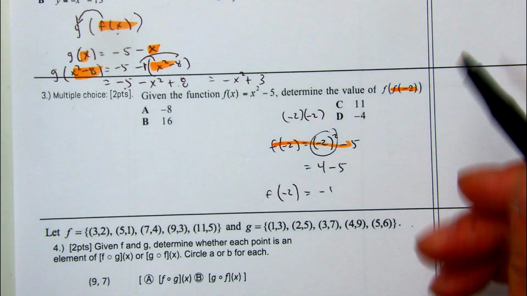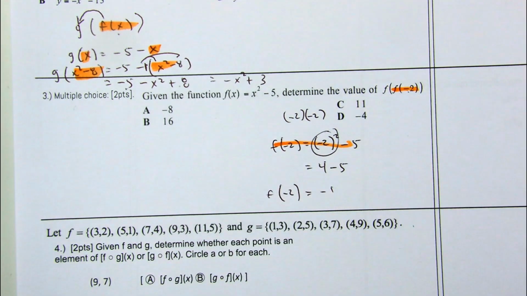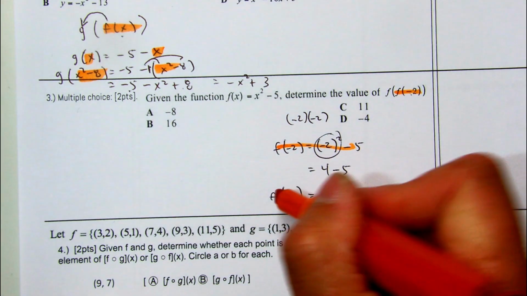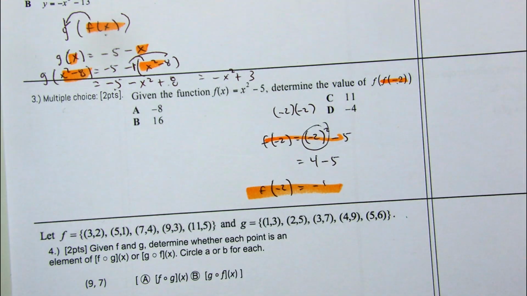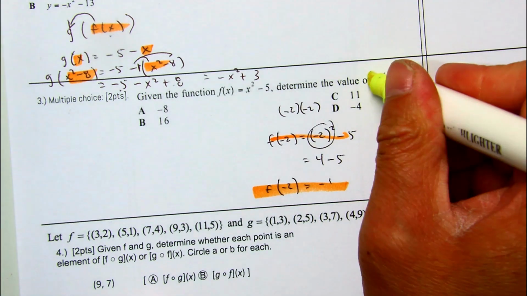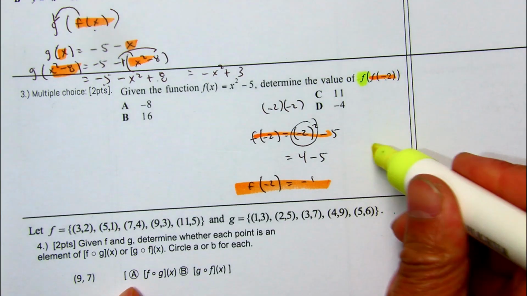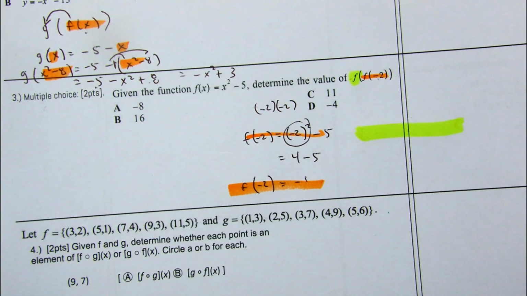Okay, so we're going to take that orange answer, let's make that our orange, and now we're going to put it into f again. So here's f.